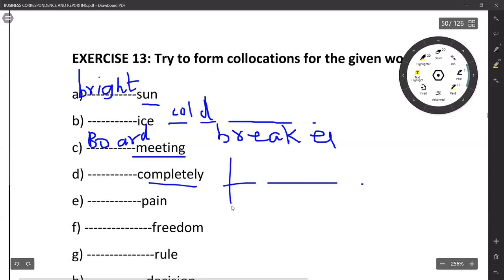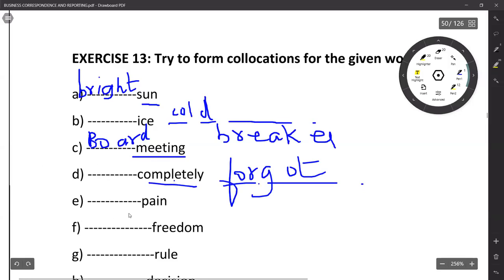Completely forgot. Completely terrified. Correct. Read completely, completely understood. Completely blank, completely different, completely numb. Very good. Finish? No, because complete and finish both will mean the same, so it'll become a repetition.